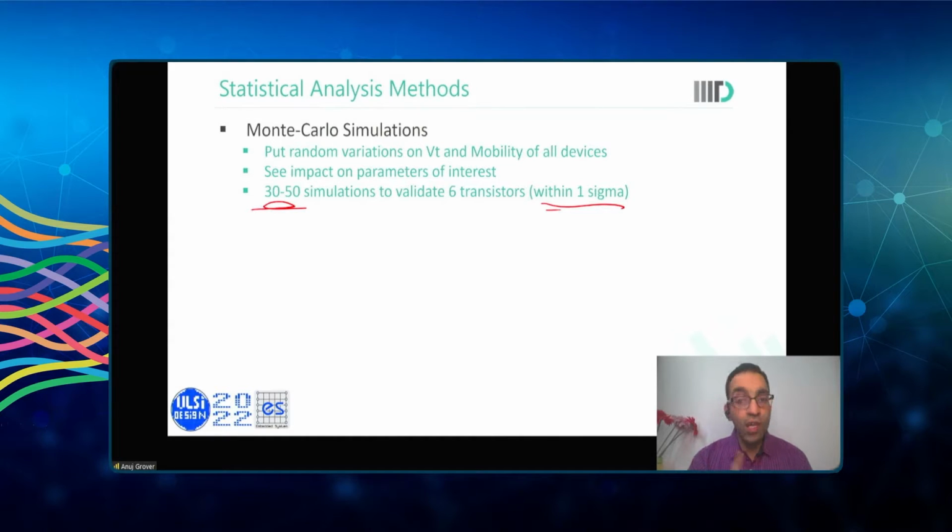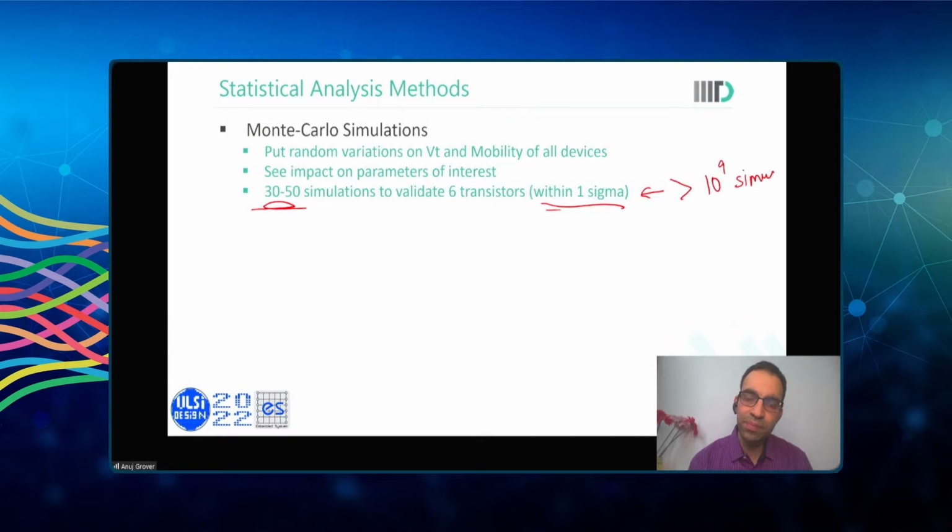If you want to validate plus minus 6 sigma, you will need more than 1 billion simulations.